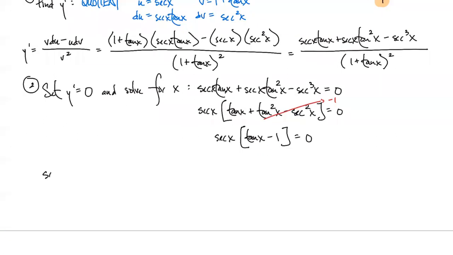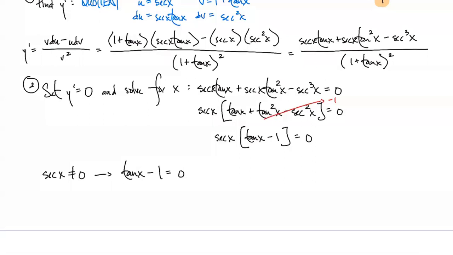It turns out that secant x never equals 0. So the only part that can equal 0 is the thing inside the bracket.